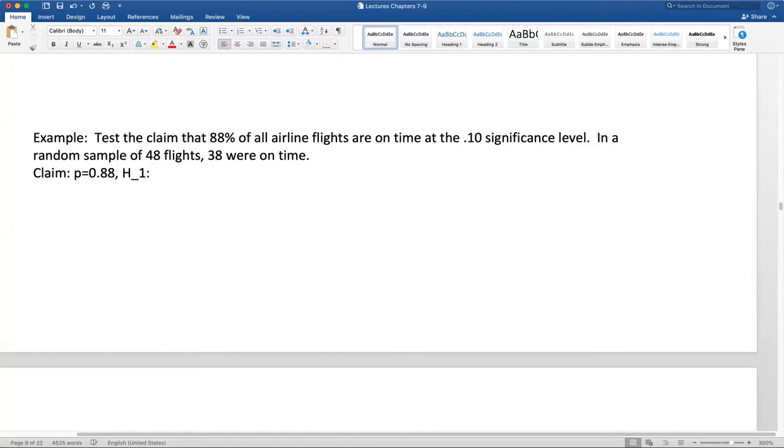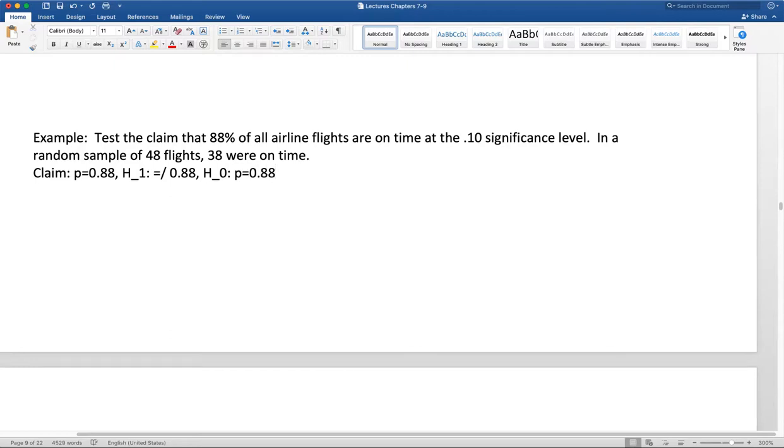So it's p is not equal to 0.88. I don't know how to write the not-equal math symbol in Microsoft Word, so we'll just say is not equal to. Then H sub 0 is p equals 0.88.